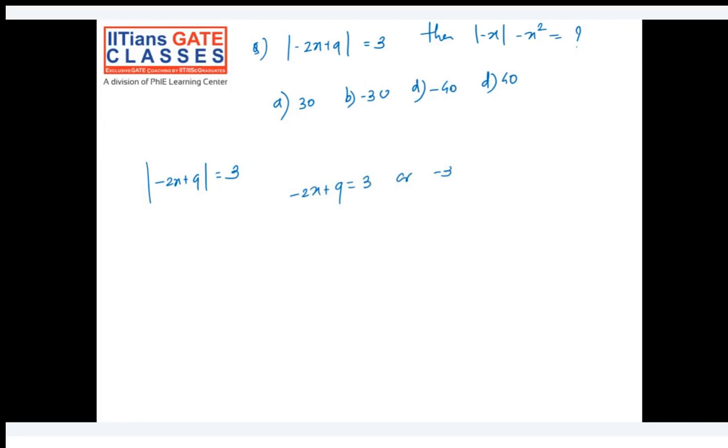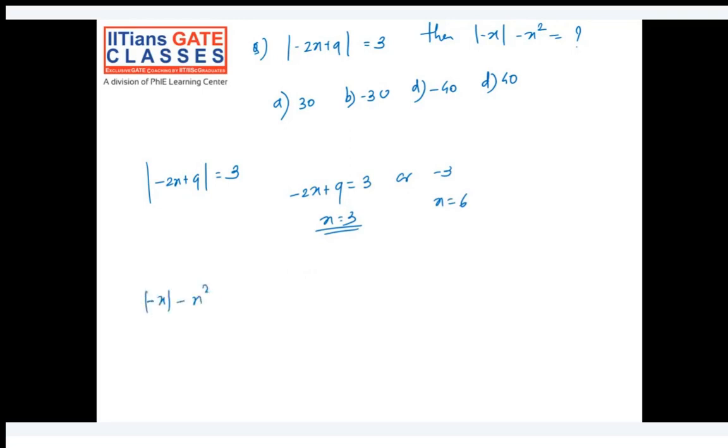So if it is 3, what is the value of x? x will be equal to 3. And if it is minus 3, then what is the value of x? x is 6. Now what they are asking is minus x minus x square.